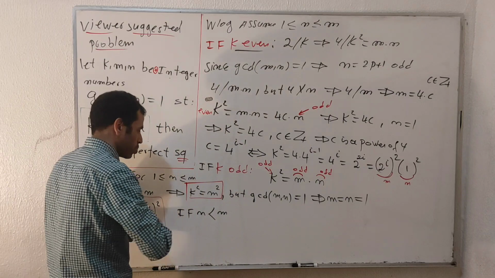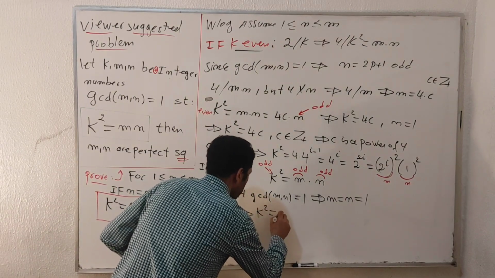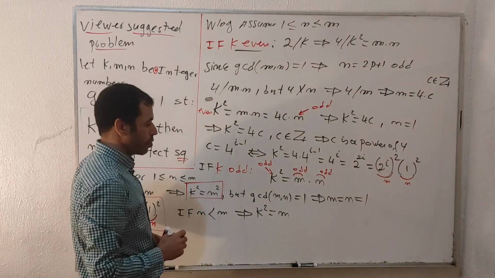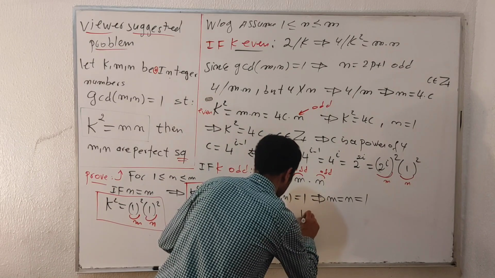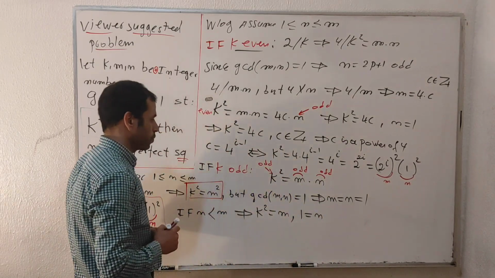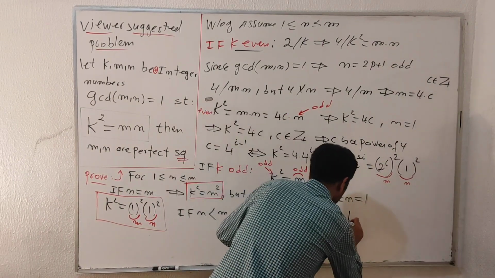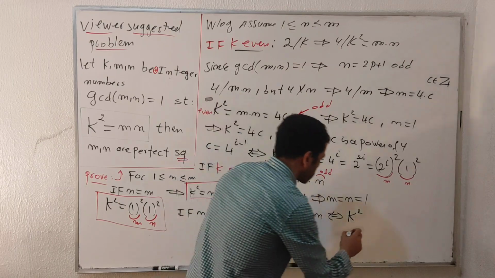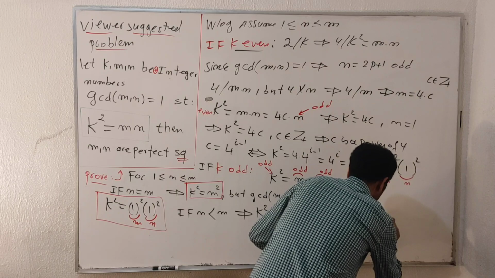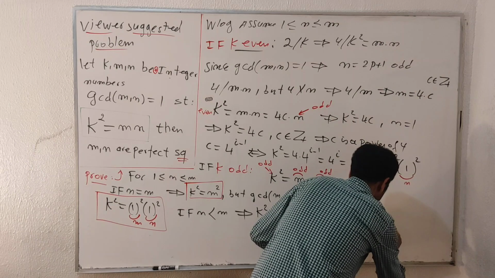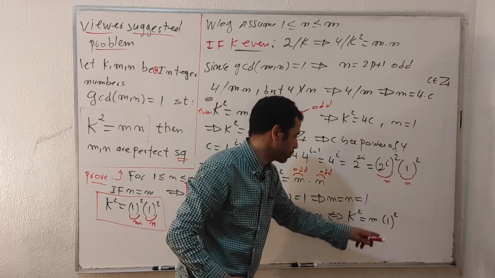Okay, so this one is telling us k squared equals m as a whole number, as a perfect square, and number 1 equals n. Okay, this one is equivalent to k squared equals m multiplied by number 1 squared, where n was replaced with number 1, which is a perfect square.